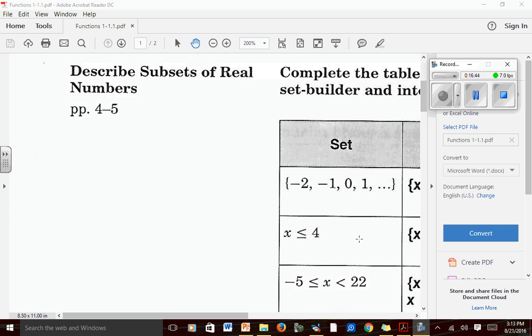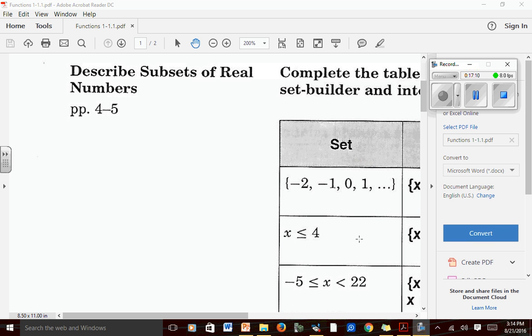They want you to practice doing it both ways, with the set builder notation and with the interval notation. So this will be another place you want to pause it for as long as it takes for you to try these things, and then I'll show you the right answers in just a few moments, or whenever you hit play again. So you can test to see if you are getting the idea.